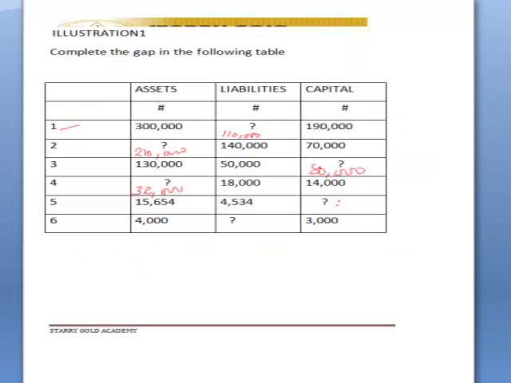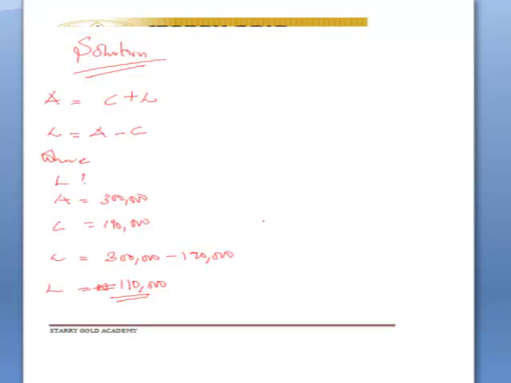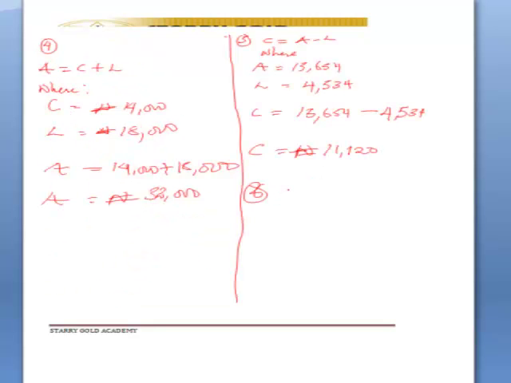So then question 6. Question 6, we will be looking for liability, where A is 4,000 and the capital is 3,000. So liability here is just 1,000. But let's go and work it out. Liability is what we're looking for.